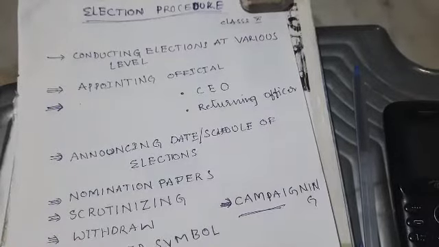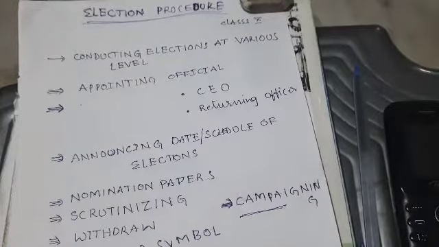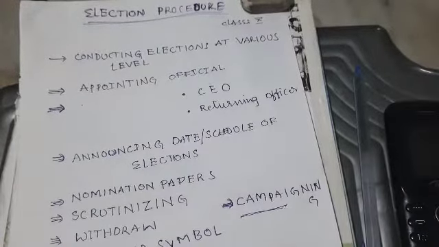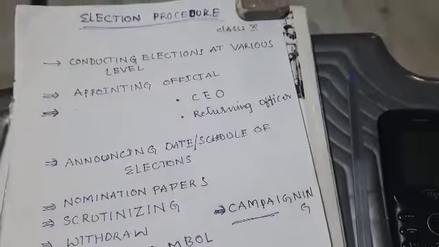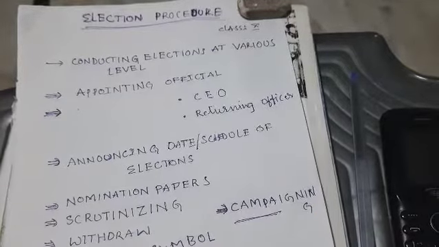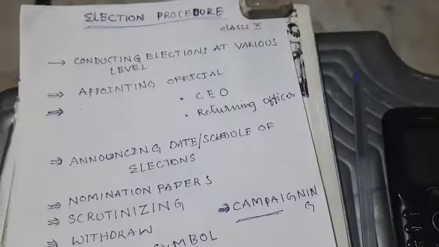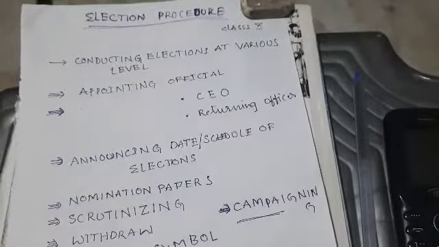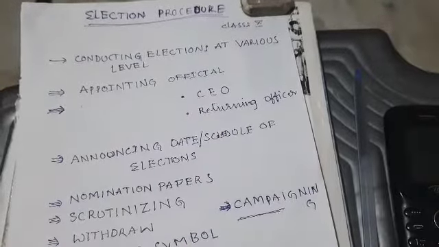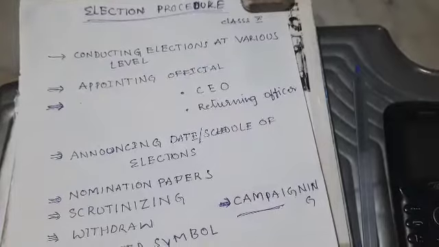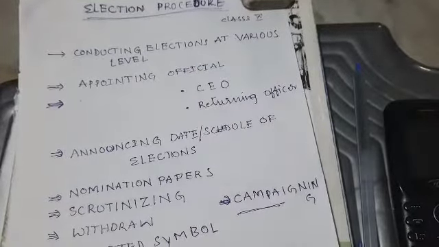For every constituency, one official is appointed, who is called a returning officer. Even while conducting polling, for every polling station, one presiding officer is appointed, along with some officials who assist the presiding officer.